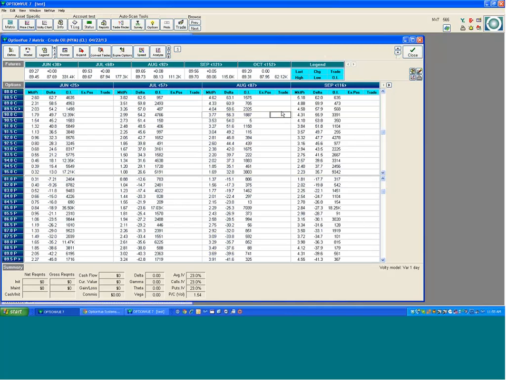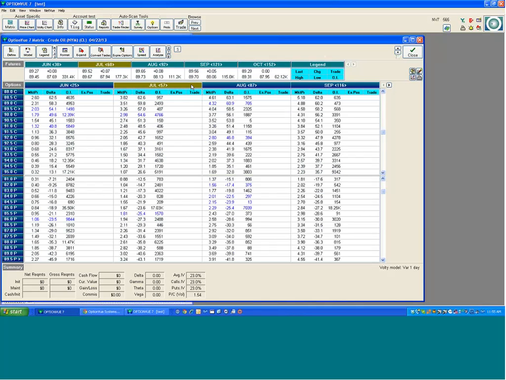Now, the only thing that I didn't really cover here is, what if you wanted to do a volatility trade that had positive vega, but it was neutral on the market, and you wanted to cover both sides of the market?